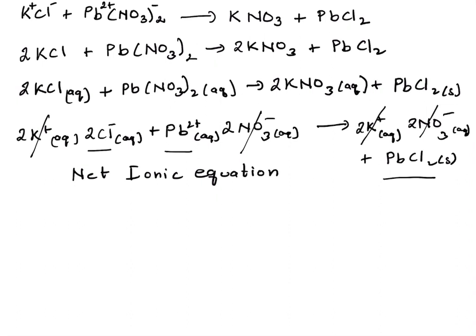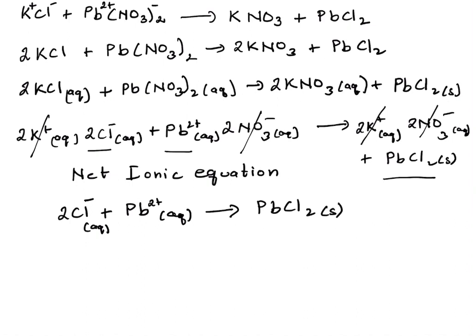So what will that be? 2Cl minus plus, not forgetting aq, because it's aqueous, Pb2 plus, again aqueous, will give you PbCl2, and this is an insoluble substance which we write as solid. So finally the net ionic equation is this one.